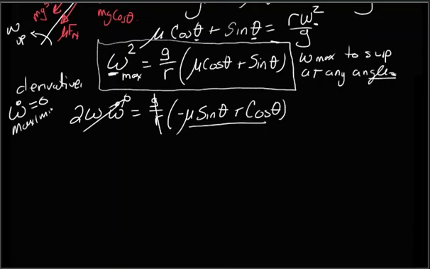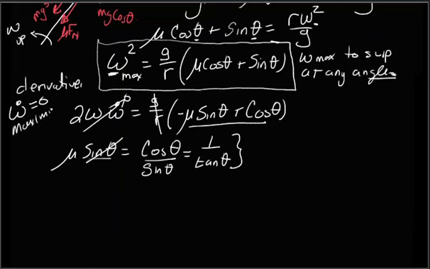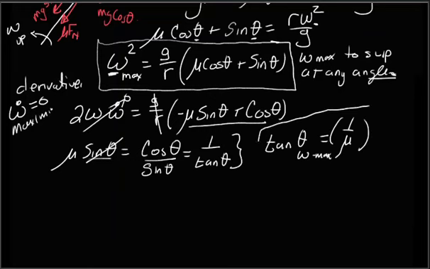So if we bring this over and make it an equal sign, mu sine theta is cosine theta. Divide through by the sine of theta, and we find that we have 1 over the tangent here. So the solution is that tan theta at omega max is 1 over mu. It's the inverse of the static friction angle.